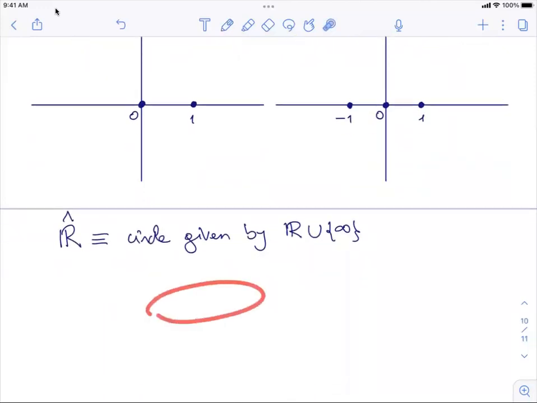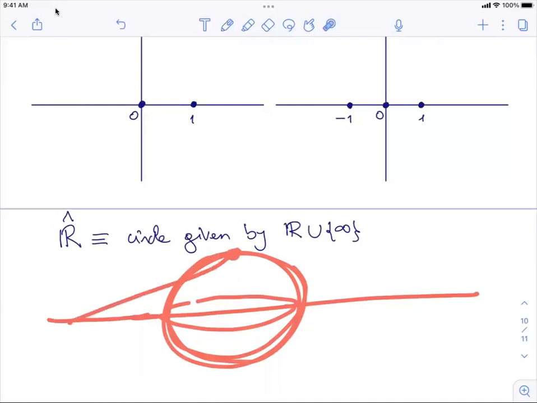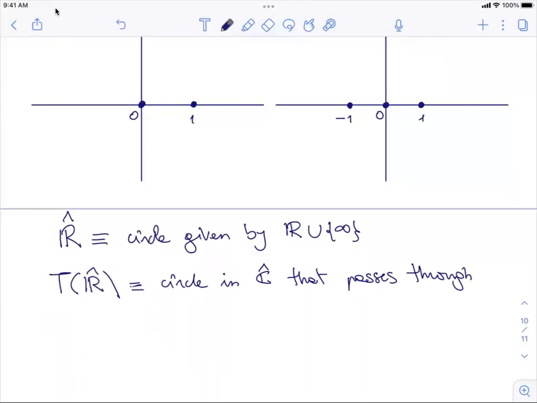If you look at the sphere, we would be talking about this circle over here, all right? Anyway, then the image is another circle in the Riemann sphere that passes through T of 0 equal -1, T of 1 equal 0, T of infinity equal 1. Okay.